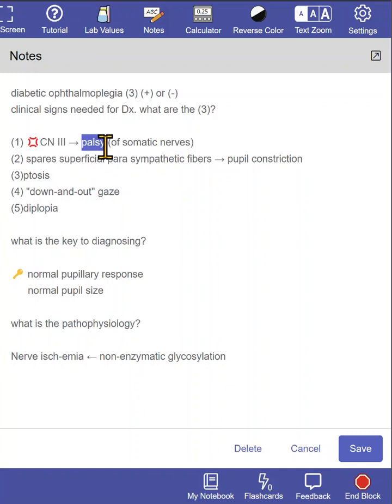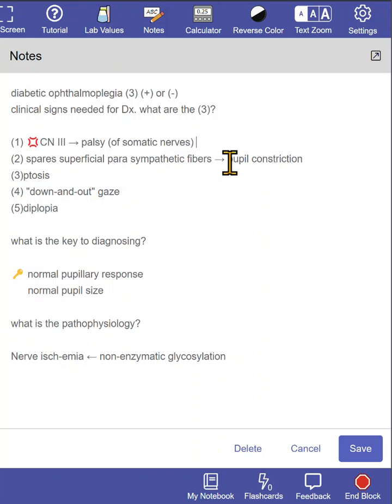You could say a cranial nerve 3 lesion, the somatic fibers. So what is that going to look like? It's going to result in a down and out gaze, actually. You can even consider this one clinical sign. But then it spares the superficial parasympathetic fibers of the oculomotor nerve.